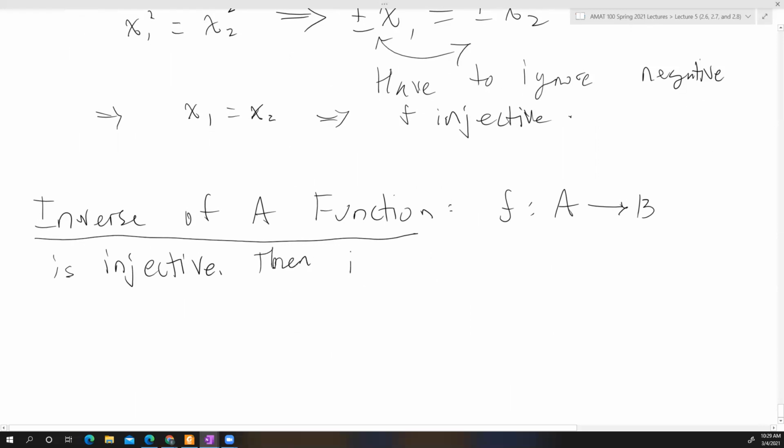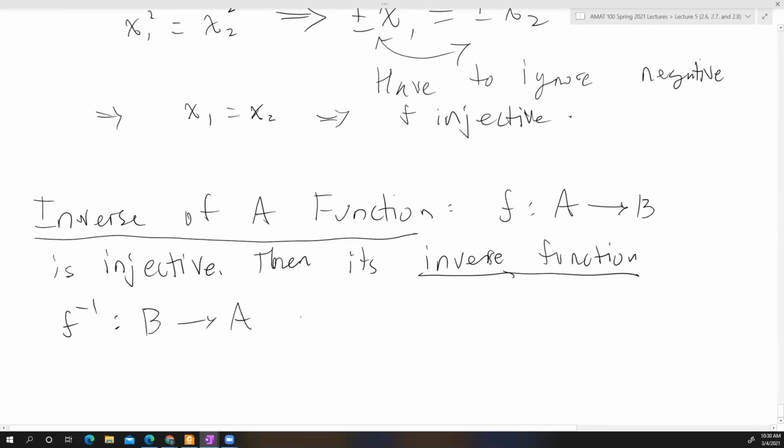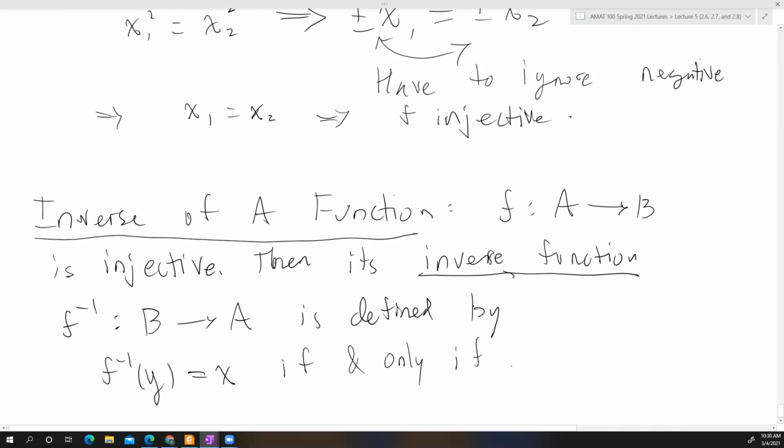Then its inverse function, which we denote as f to the negative 1 power, and it's a function from B to A, is defined by the following. It says that f inverse of y is equal to x if and only if f of x is equal to y.